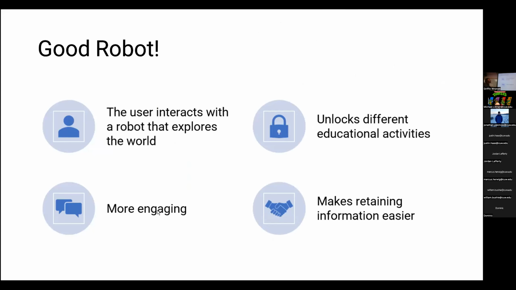So Good Robot's specific approach: the user interacts with the robot to explore the world. It's more engaging than sitting there listening to a guy talk about whatever he's talking about, and it makes retaining information easier. And as you progress, you'll unlock different educational activities.